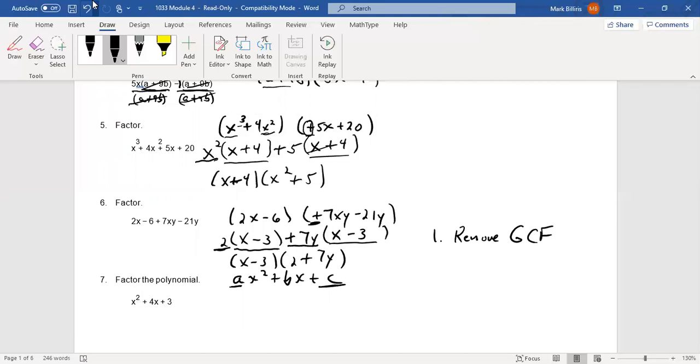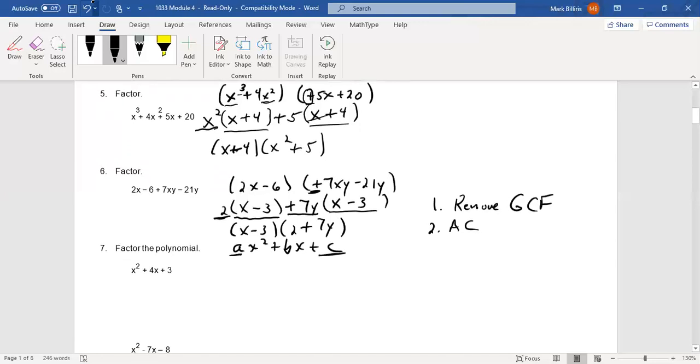After we remove the GCF, if we're dealing with a trinomial, 3 terms, which we are in this case, we're going to use the AC method. So let's talk about what we do in the AC method. We're going to take the leading coefficient, and we're going to multiply it.